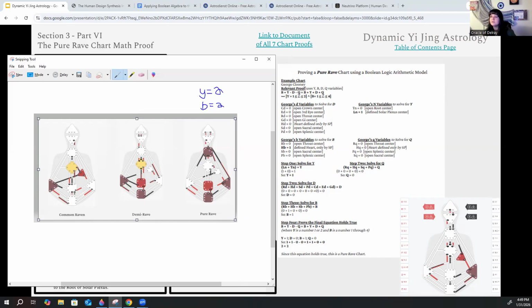Because the root is defined only by the solar plexus, and the sacral is defined only by the root. And so the throat has an RB of 2, or RB of 1, and the sacral is an SB of 1.